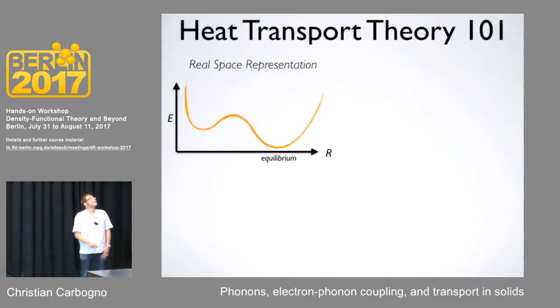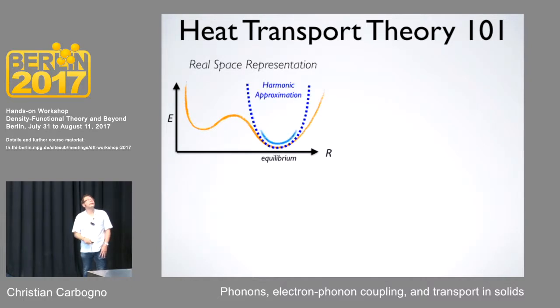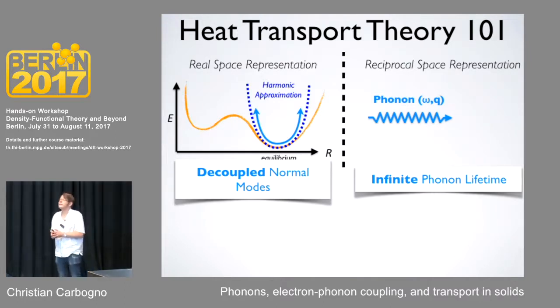Now, the harmonic approximation fails in describing heat transport. Why? We had seen this second order Taylor expansion gives you this very nice description in terms of phonons. But the one thing that makes this harmonic approximation so efficient is that you get decoupled normal modes.